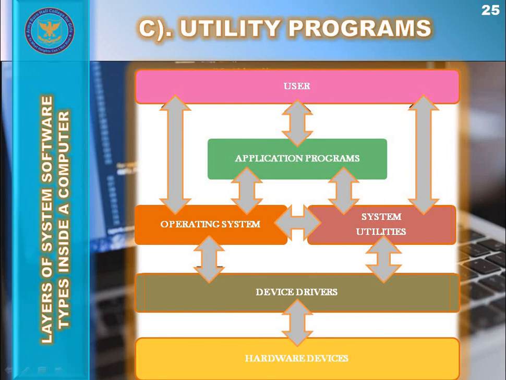For example, if a user wants to scan the computer for viruses or wants to remove some viruses from the computer, then the operating system would make available that system utility software to the user. So the operating system is making a connection between the system utility and the user.